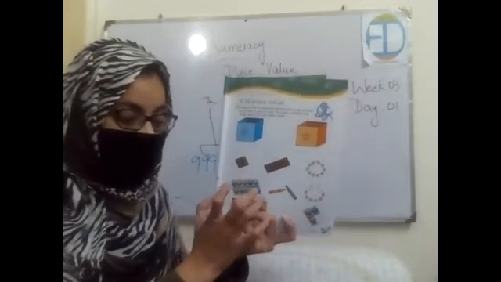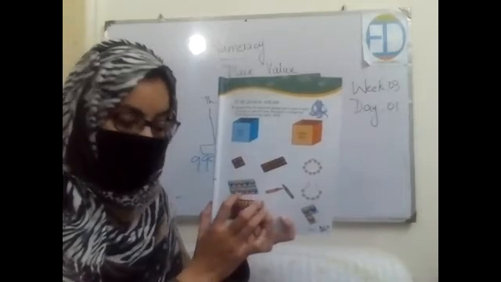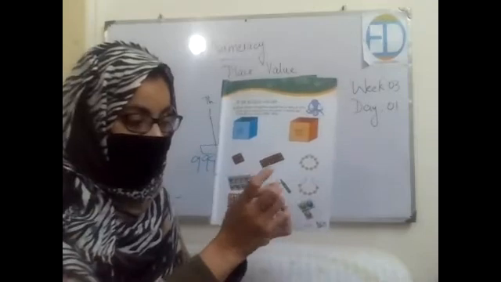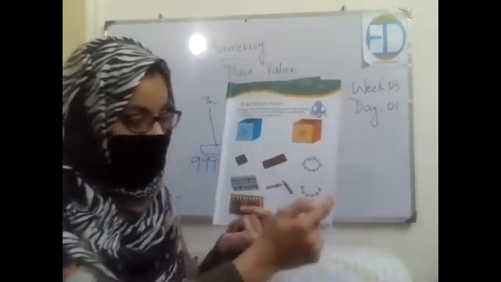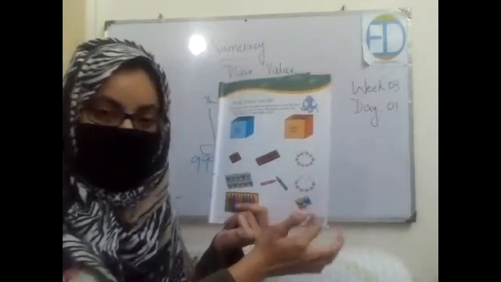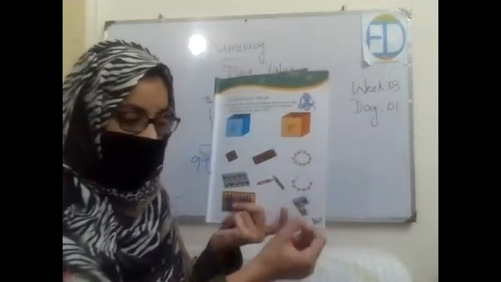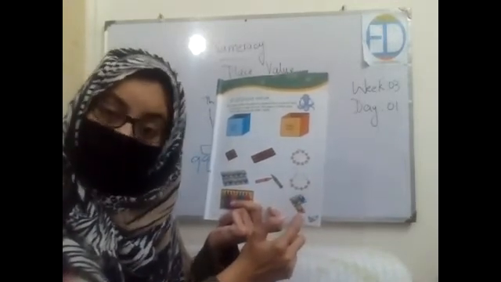How many candies are there in this bar? 1 2 3 4 5 6 7 8 9 10, right? So you will put this into the tens box. Now let's look at this one. It's ones. Yes, you will put them into the ones box. And how many ones are there in this? 1 2 and 3 ones.